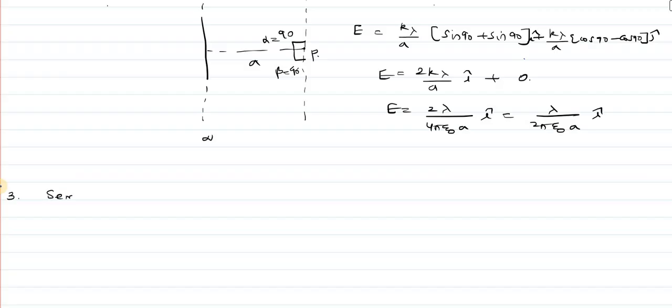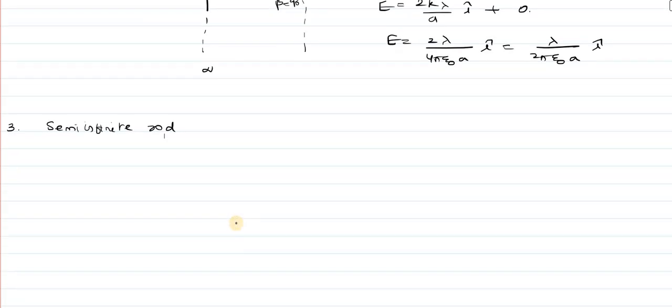Semi-infinite rod. Semi-infinite means one end you hold, and the other end you don't know where it is. It is a very long length. This is my end which I know, and this is infinite.